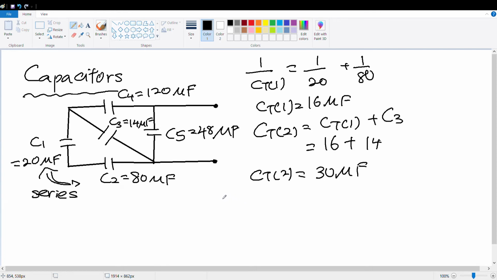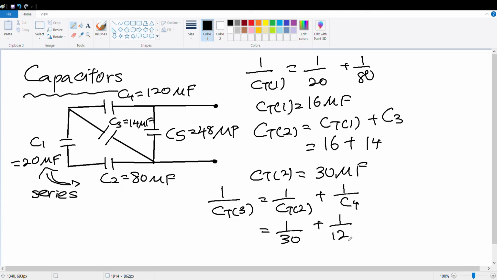So the formula is 1 over CT3 equals 1 over CT2 plus 1 over C4. So this is 1 over 30 plus 1 over 120. What I get is 24 millifarad. So we have done C1, C2, C3, and C4.